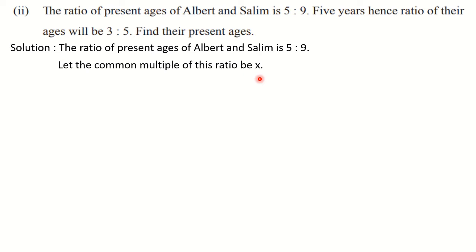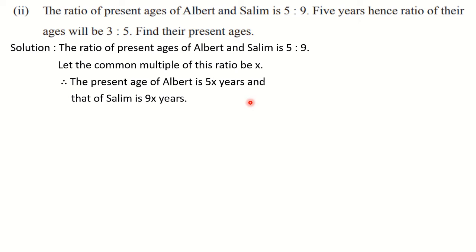So by using this we can write the present age of Albert as 5 into x, that is 5x, and the present age of Salim as 9 into x, that is 9x. Therefore, the present age of Albert is 5x years and that of Salim is 9x years. These three statements are going to appear in the same sequence wherever there is a problem based on ratio. It was told to you in the previous lecture also.